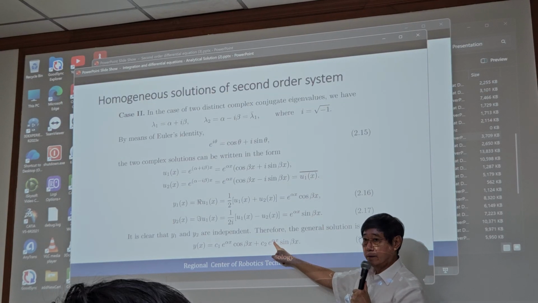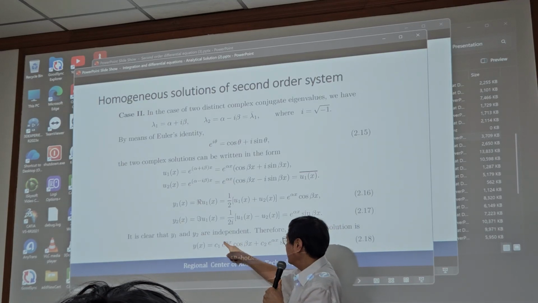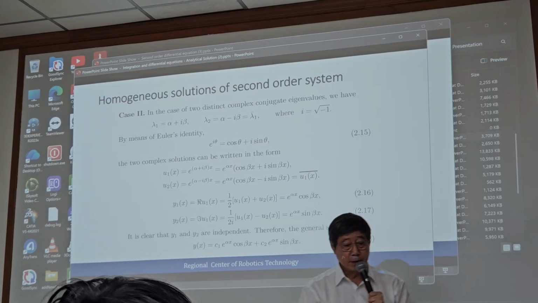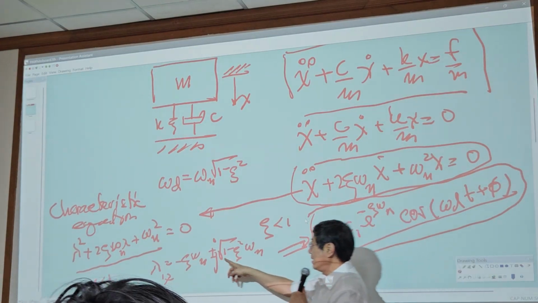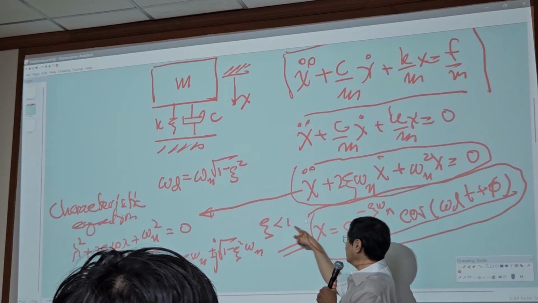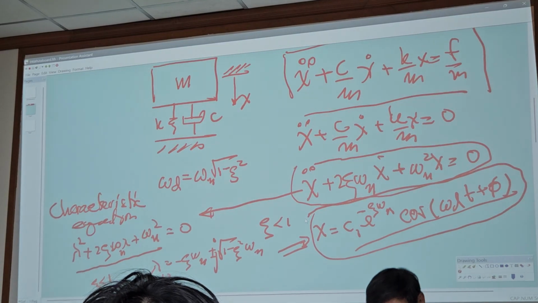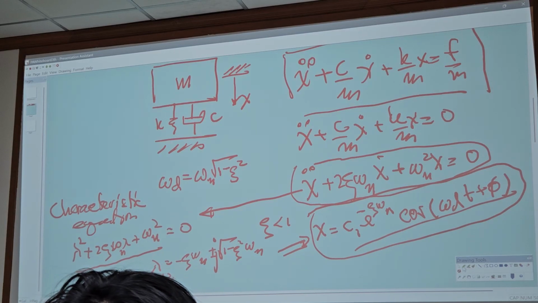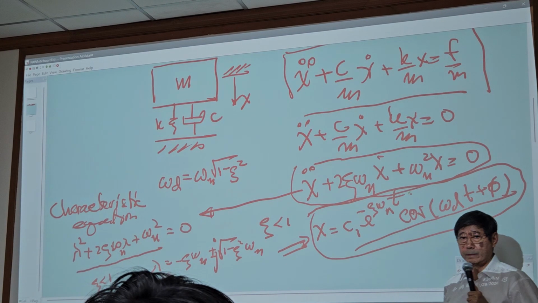You have this one, and if alpha is minus, similarly this one, it is minus. Sorry, we have t here as well. T.